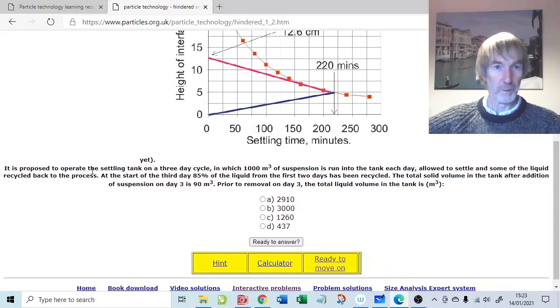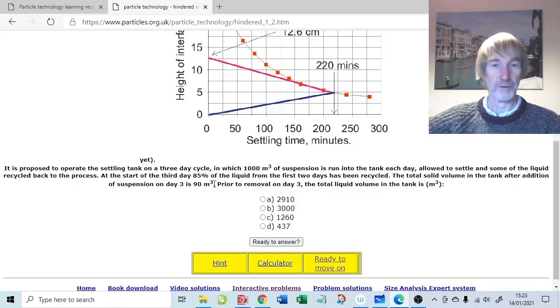It says here, it's proposed to operate the settling tank on a 3-day cycle. 1,000 metres cubed of suspension is run into the tank each day. It's allowed to settle, and then some liquid is recycled back to the process. At the start of the 3rd day, 85% of the liquid from the first 2 days has been recycled. The total solids volume in the tank after addition of the suspension on day 3 is 90 metres cubed.